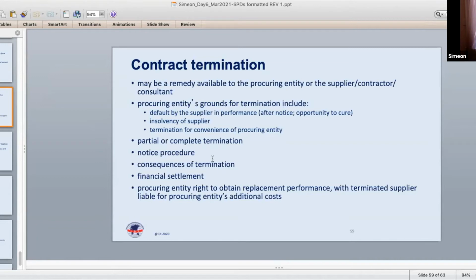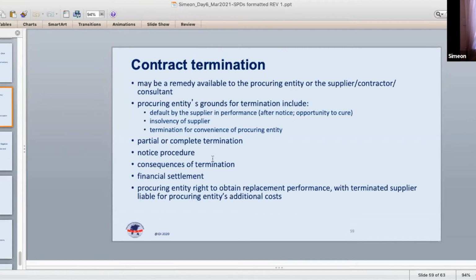Even in cases where there is clearly a default in performance, and that default is the grounds for the termination, the defaulting contractor is still entitled to be paid for the work that was performed properly.